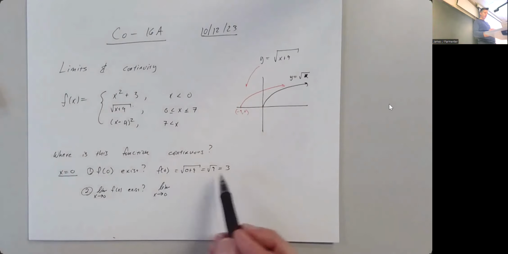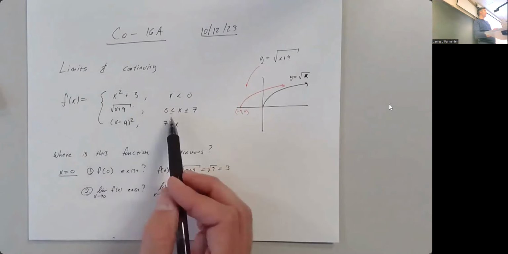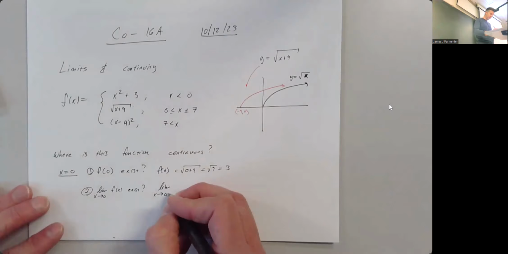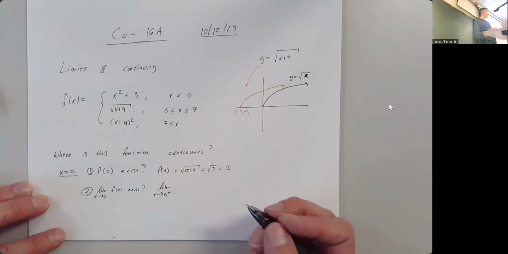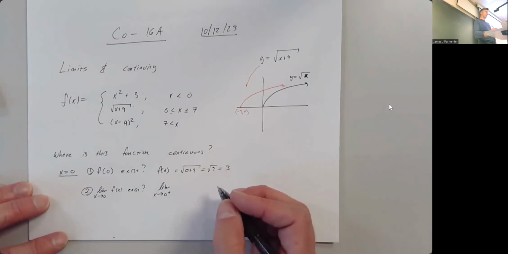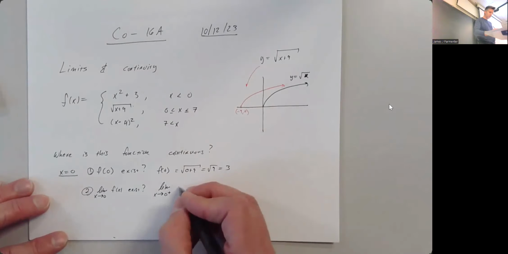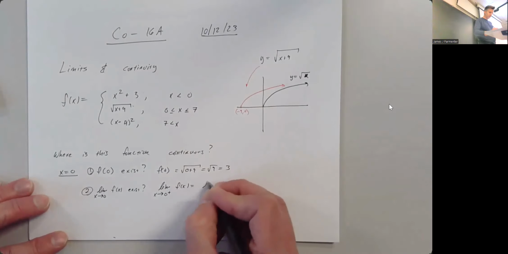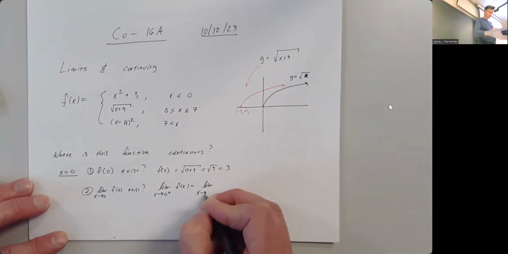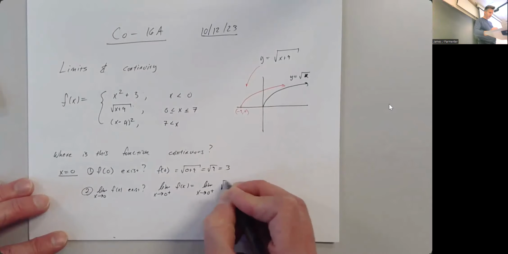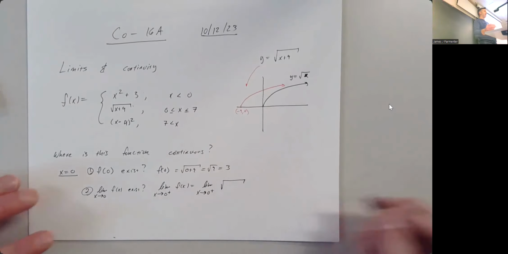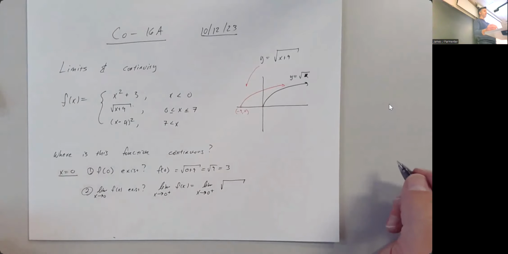So I know I've already used this middle piece, so I'm going to start with the limit as x approaches 0 from the right, because I know that's going to make me use the same piece when x is just a little bit bigger than 0. So that's going to be the limit as x approaches 0 from the right of the square root of, let me ask you all, should I write the square root of 0 plus 9 or the square root of x plus 9?